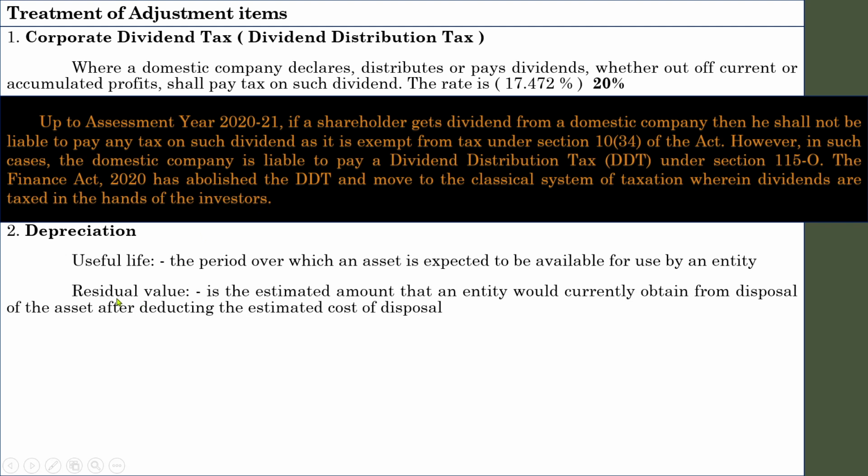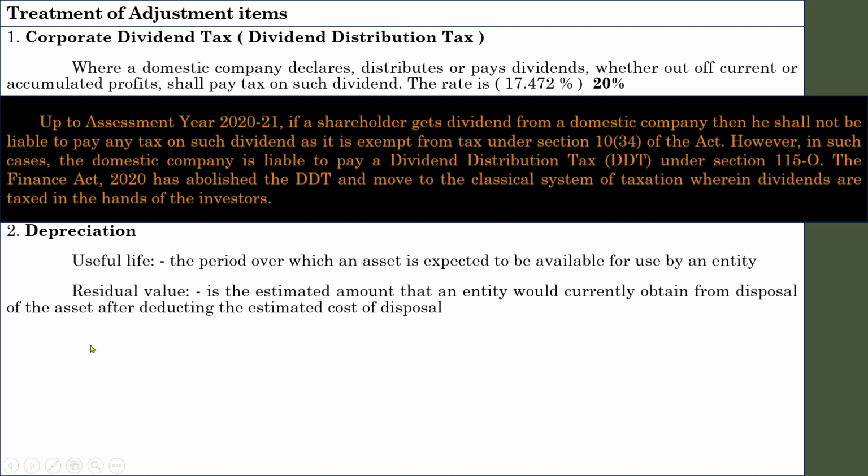Next one, residual value. This is another term which you will be hearing for the first time, but it is an important aspect from the problem point of view. Residual value is the estimated amount that a company would currently obtain from the disposal of the asset after reducing the estimated cost of disposal. In simple terms, we can say scrap value, or in colloquial terms, we used to say akri vala.